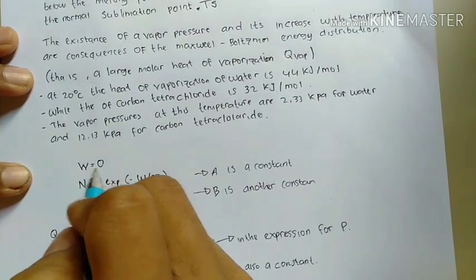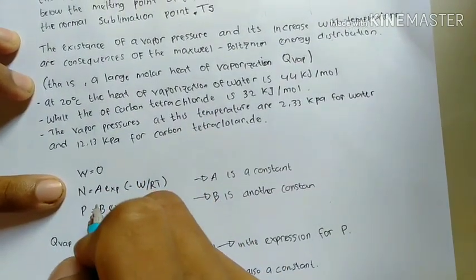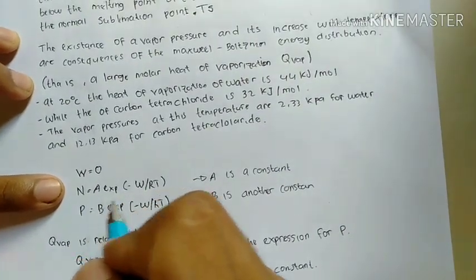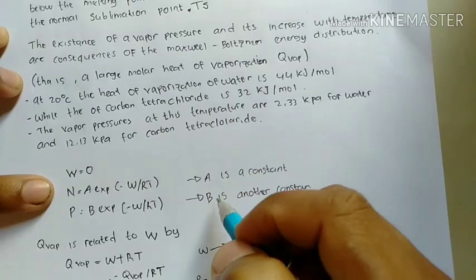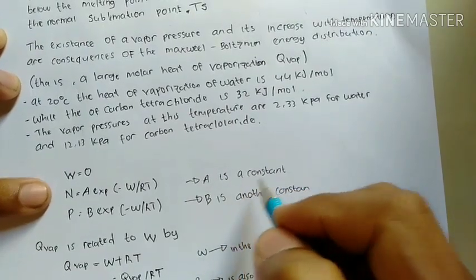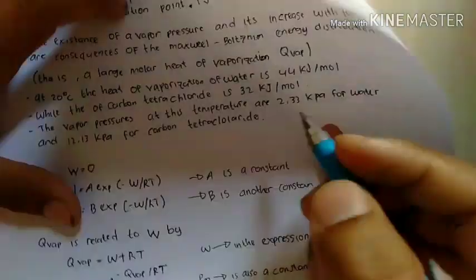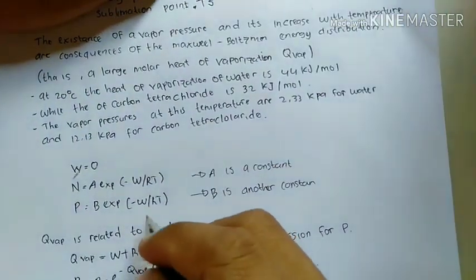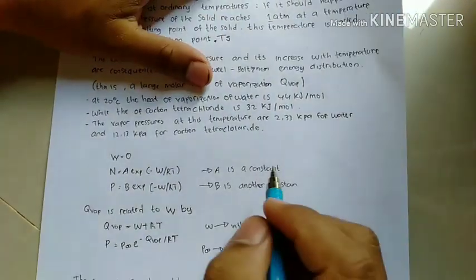ln P equals A minus B over RT, where A is a constant. ln P equals A minus B over RT, where B is another constant.